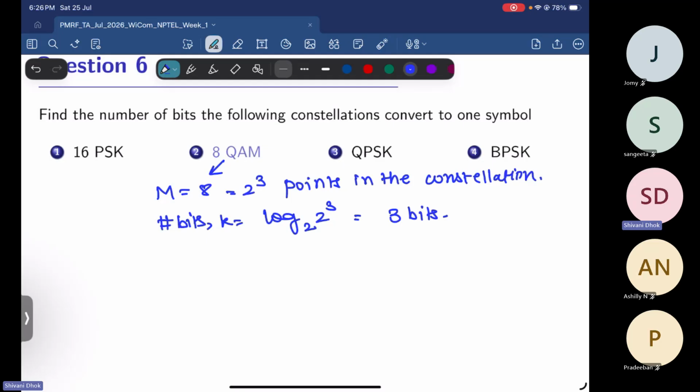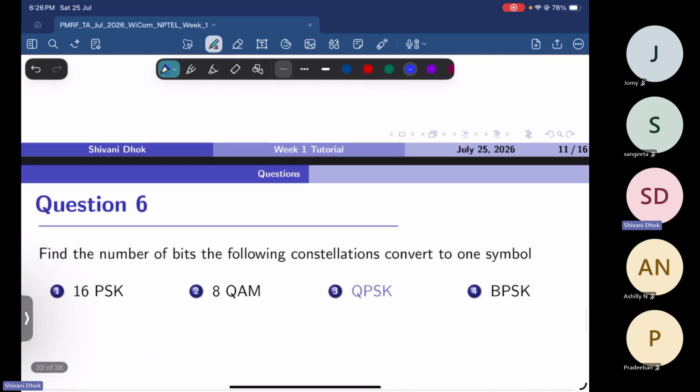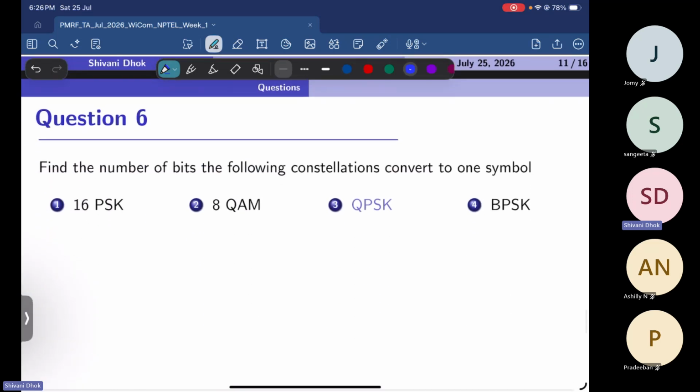Then we have QPSK. QPSK and BPSK are some standard names. Q means quadrature, and here it means you have 4 points in the constellation.